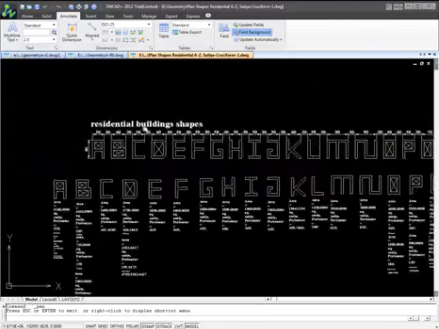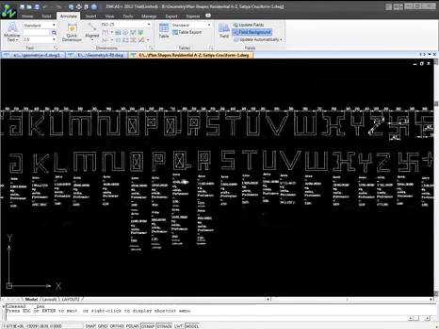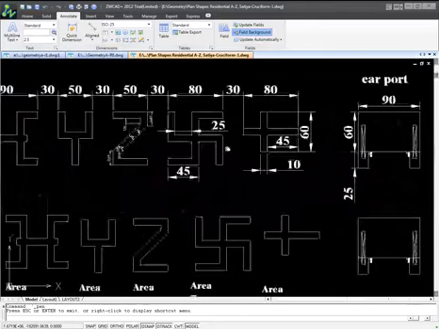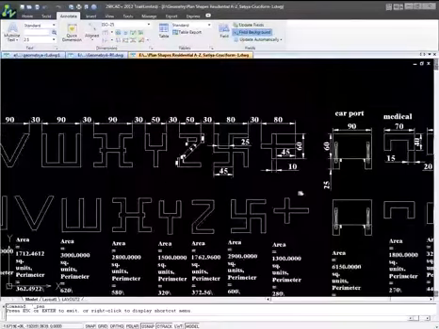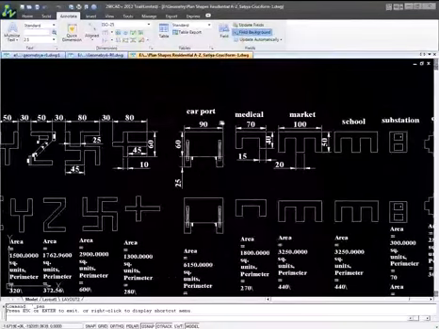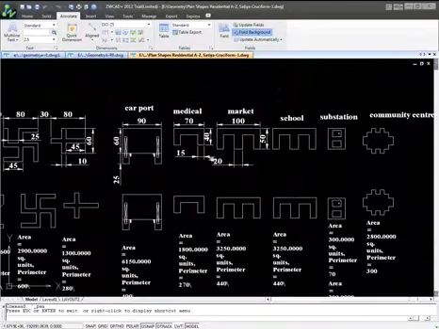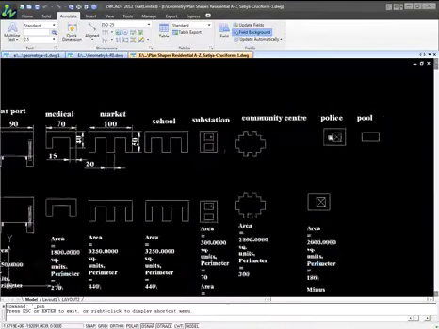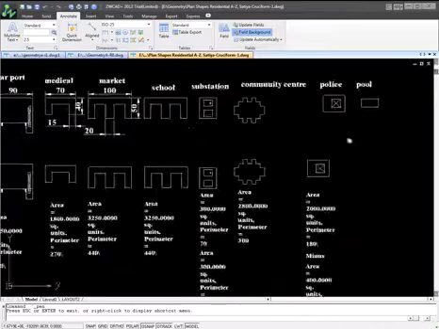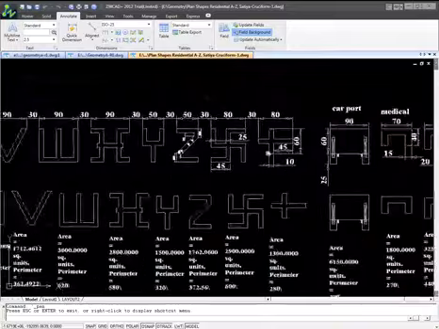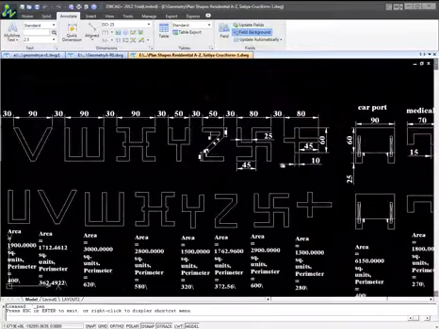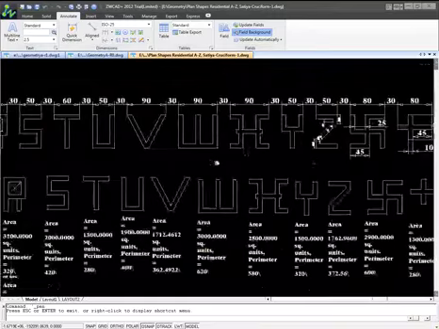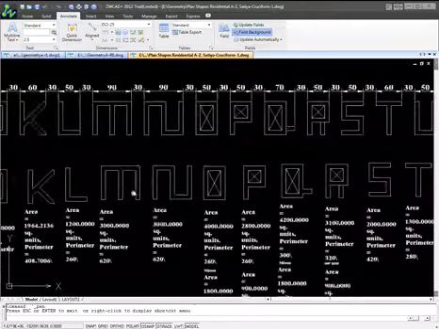This actually was titled residential building shapes, and all these are manually written here, even swastika and crucifix over there. And this is, for example, some carport, some medical center, some market, some school, substation, community center, police station, pool, and so on. The dimensions don't matter, but I did not complete it.